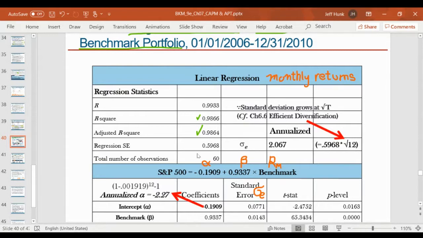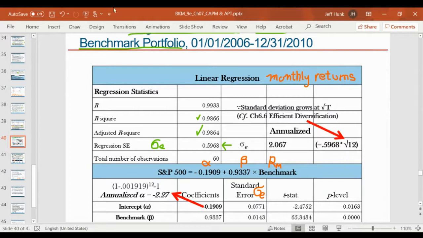And the standard error of the regression is like 0.5968.